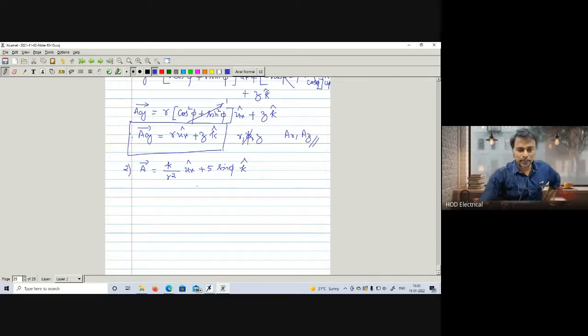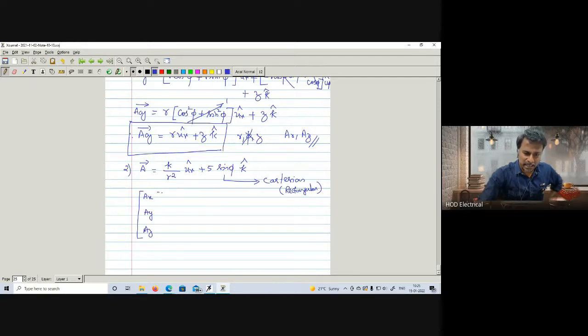So now we have to convert that into the rectangular coordinate system, or Cartesian coordinate system. So now we should write the equation for AX, AY, AZ.